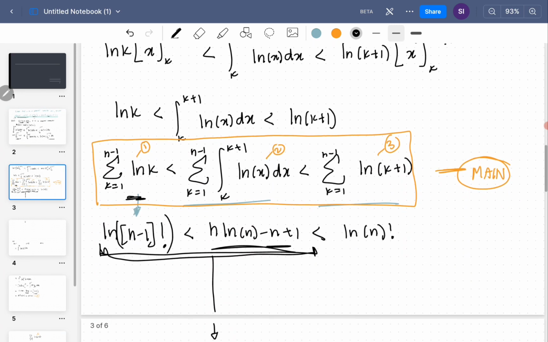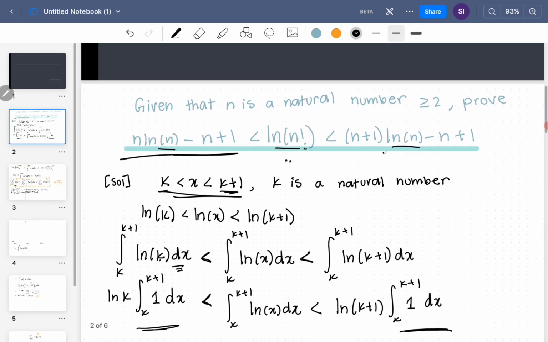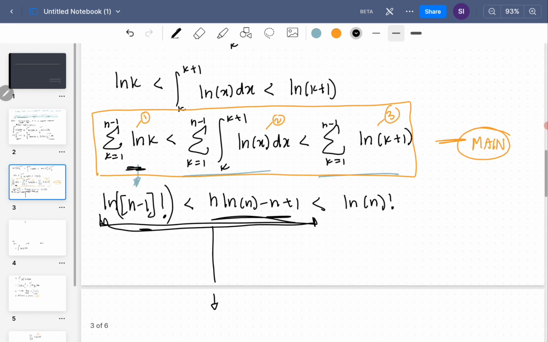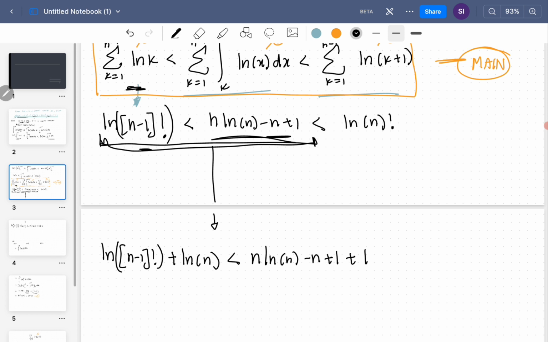So we're just missing this, technically, and this, right? We don't know why this is here, but let's address that. Let's add natural log of n to both sides. So if we do that, we get natural log of n minus 1 factorial plus natural log of n is less than n natural log of n minus n plus 1 plus natural log of n.